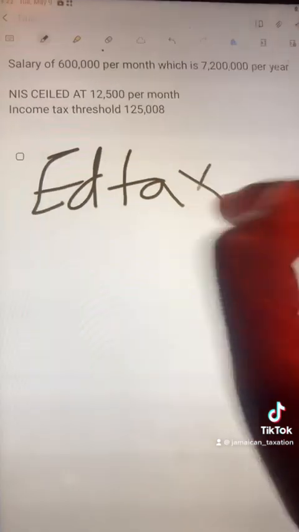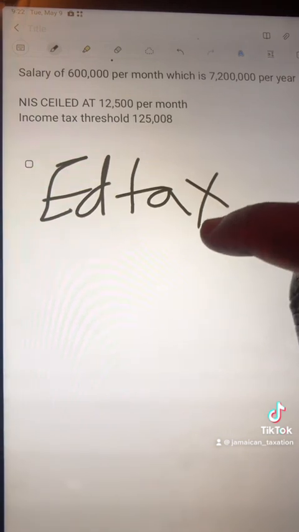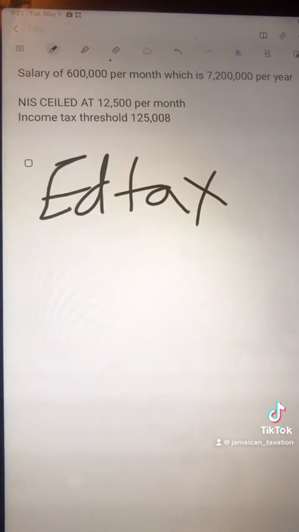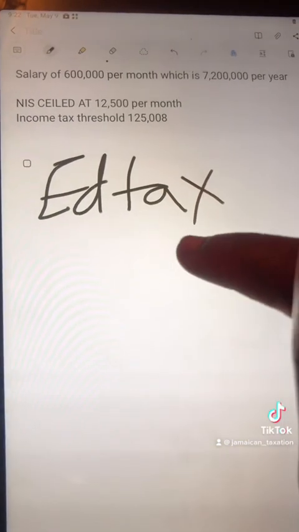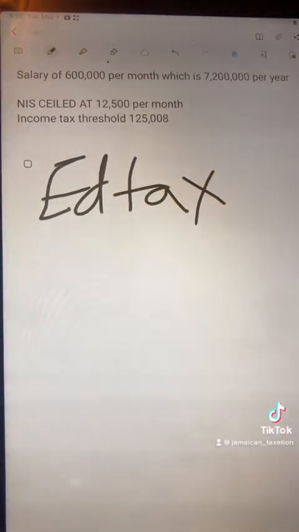Next is head tax. Now, you remember that in order to calculate the head tax, you subtract your NIS payment and pension if you pay any. So in this case, this person's NIS payment was still at $12,500.